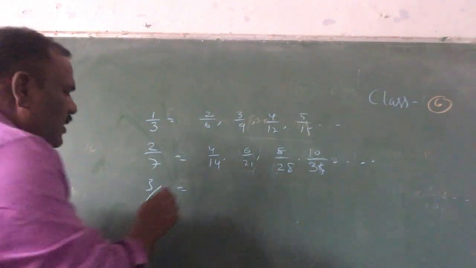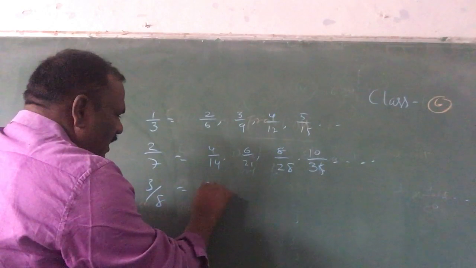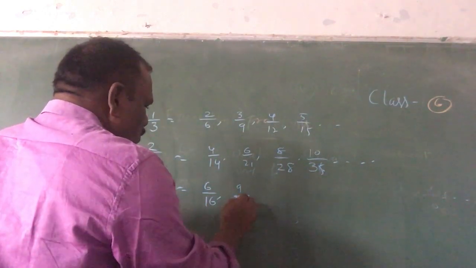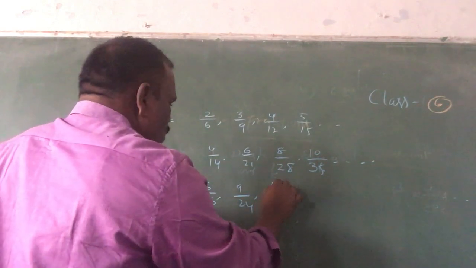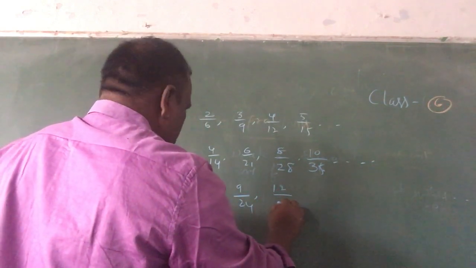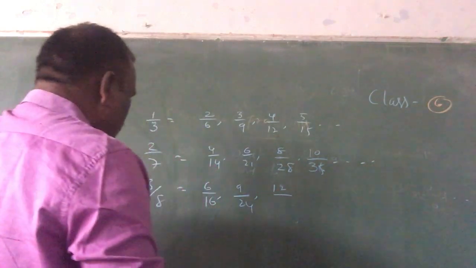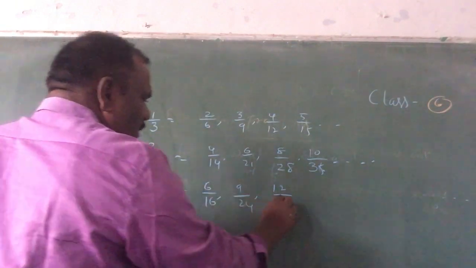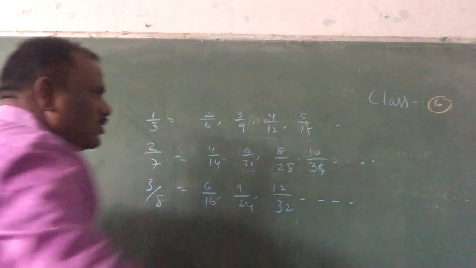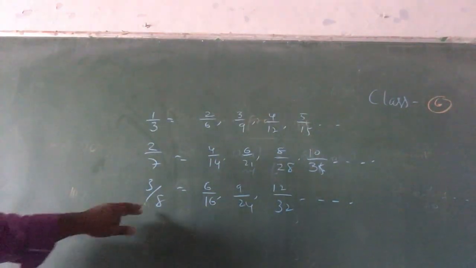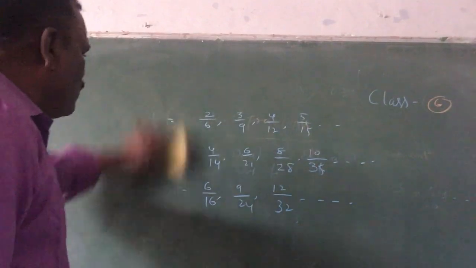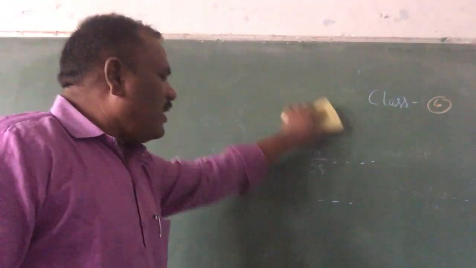Like that you can write here 6 by 16, 9 by 24, 12 by 32, etc. So these are the equivalent fractions of 3 by 8. So like that, if we multiply both numerator and denominator by the same number, we can get the equivalent fractions.